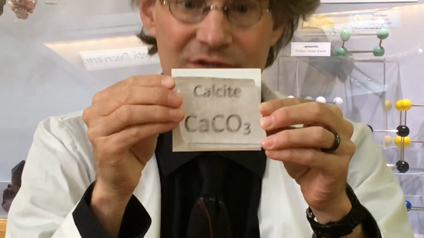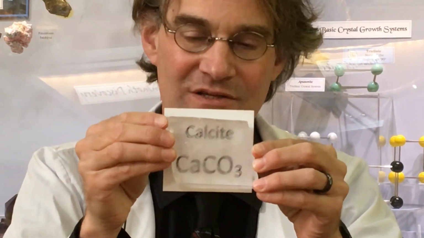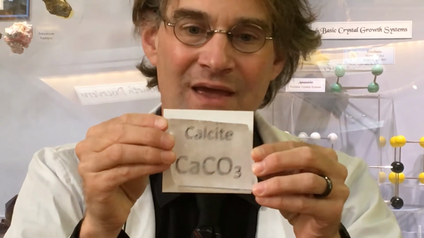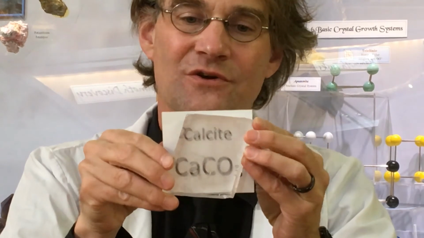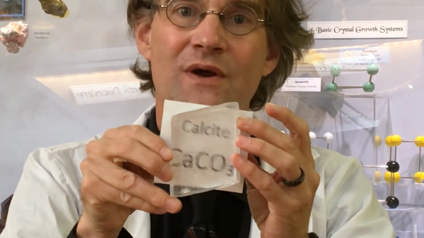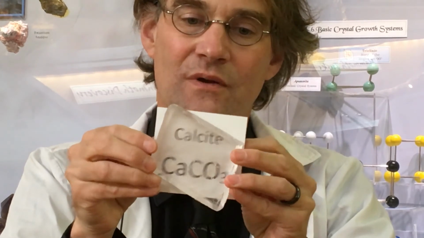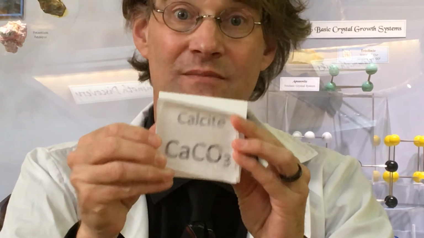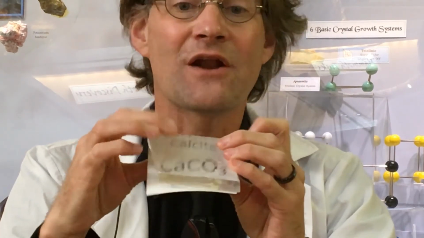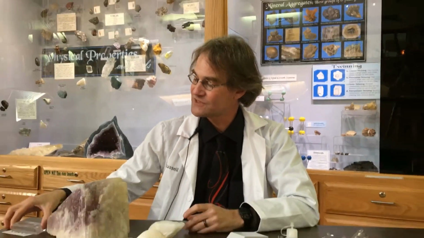So you look through this, and now there's 2 different images of the words. You got double vision, like somebody just kicked you in the head. And that's because as light enters the calcite crystal, it splits it in 2 different ways. No other mineral does that. It is a property unique to calcite. And if you've got a clear enough piece, that makes it very easy to identify. That also makes calcite useful for making things like rangefinders and polarizing microscopes.